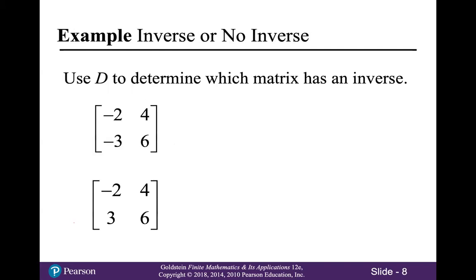So let's quickly look at these examples to determine which matrix has an inverse. -2 times 6 is -12. Minus 4 times -3 is -12. So that would be -12 minus -12, which is 0. So this matrix is not going to have an inverse.